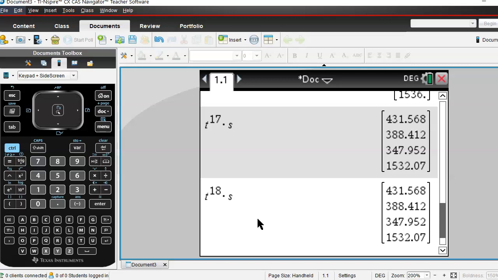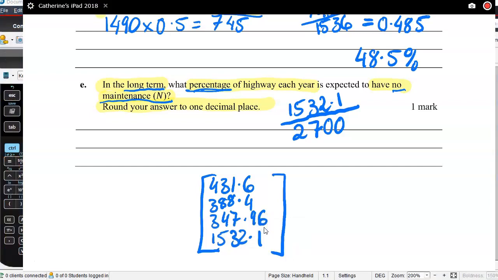Okay, so we know 1,532.1 kilometres out of the 2,700 kilometres that they maintain is not going to have maintenance.